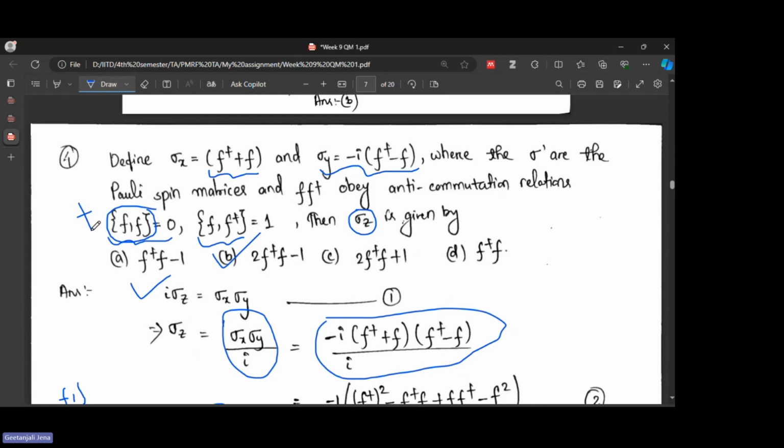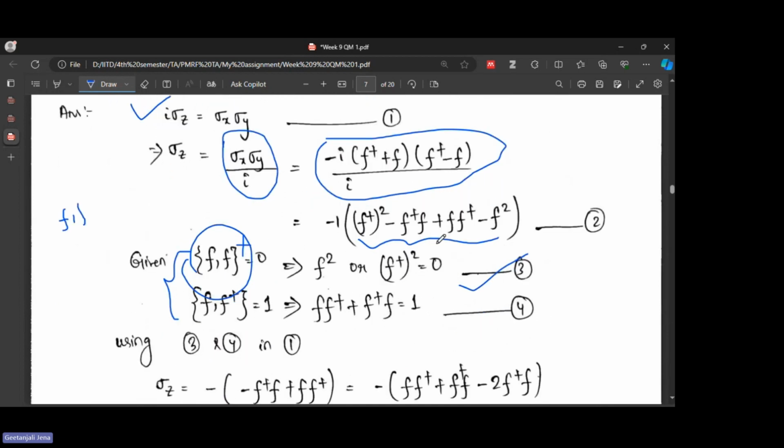So this condition is given: f with f is 0. What I have done is taken the whole dagger of this condition. Now if you take the dagger of the left hand side, the f will become f dagger, right? So from that you can get f dagger square equal to 0. Is this clear to you or do I have to explain again? Okay, yes, fine.